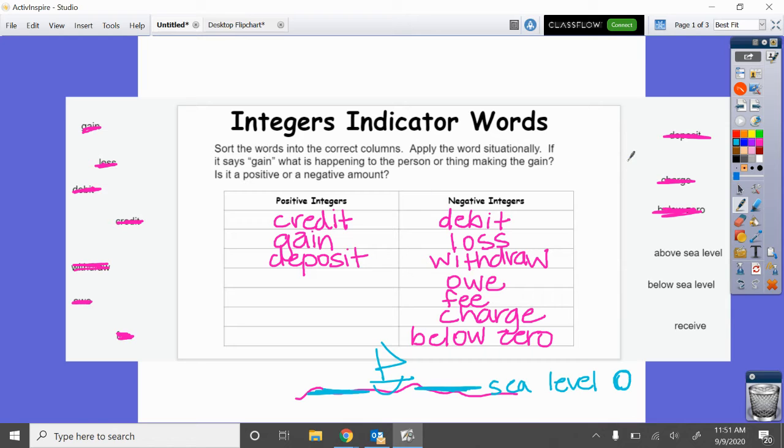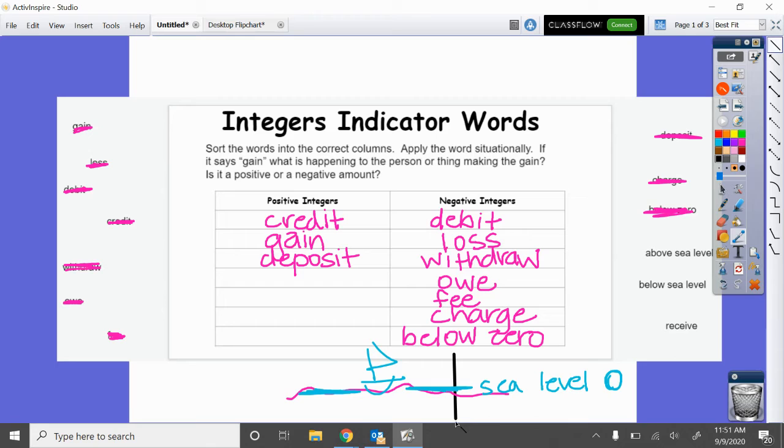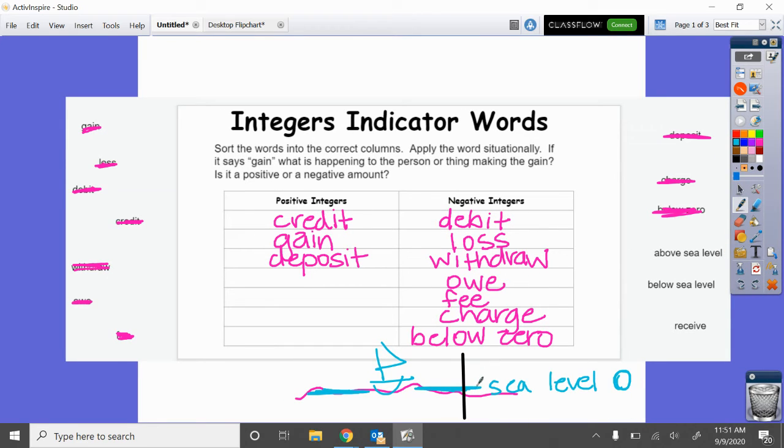So if you think of that vertical number line that we drew earlier, on that number line, sea level is 0. So if sea level is 0, then what does that make all the numbers above sea level? Well, that makes them positive. So above sea level is positive, okay?